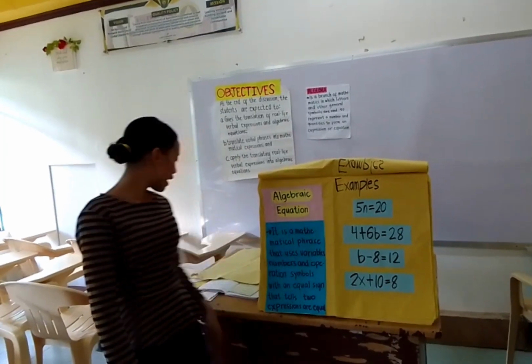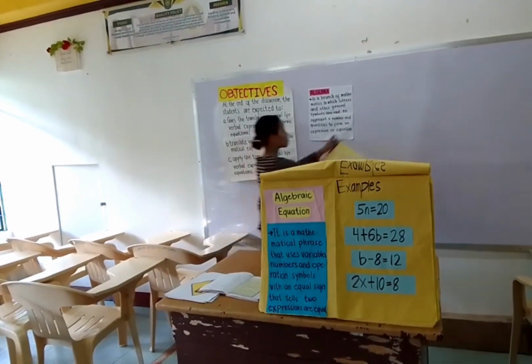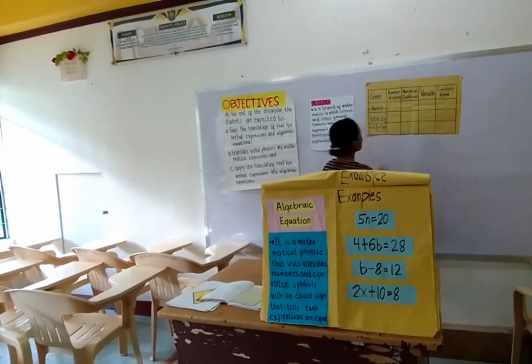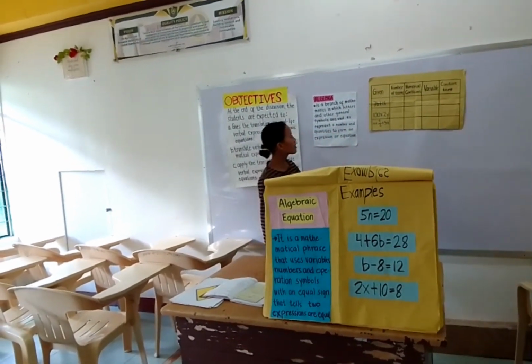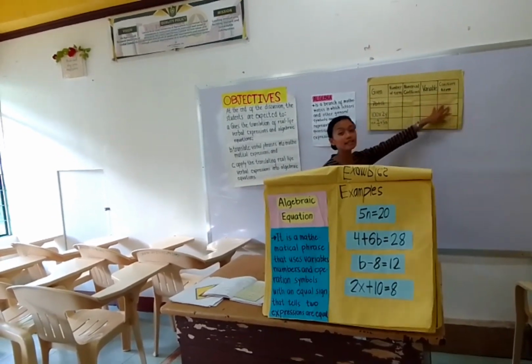I have here a table that you need to answer. All you need to do is to identify the number of terms, numerical coefficient, variable, and the constant number.